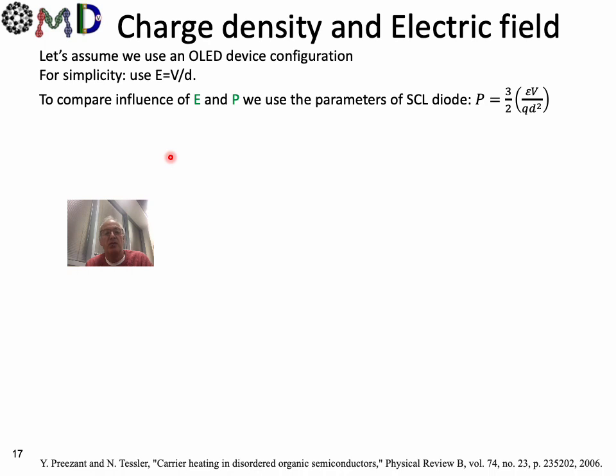And of course, we'll do it in a model. So in the model, what we assume is that if we apply a voltage, then the electric field is constant throughout the device. We know that it's not true, but in the model we can do that. And we also let the charge density increase according to this formula that we have derived in the context of space charge limited diodes.